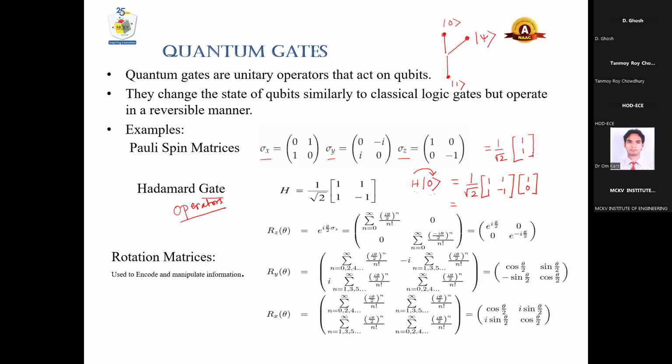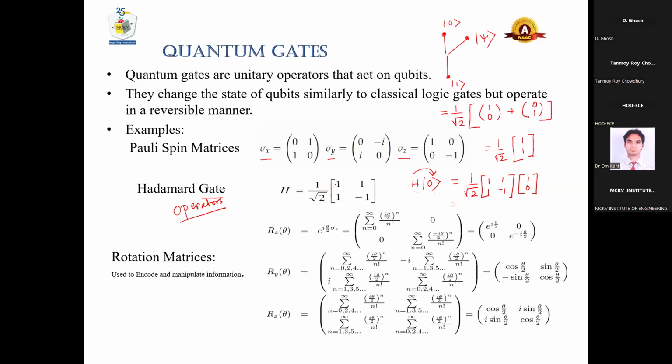Right? And what does this 1, 1 mean? It means that I can write it as 1 over square root of 2, bracket closed, times 1, 0, plus 0, 1. This is what I can do.